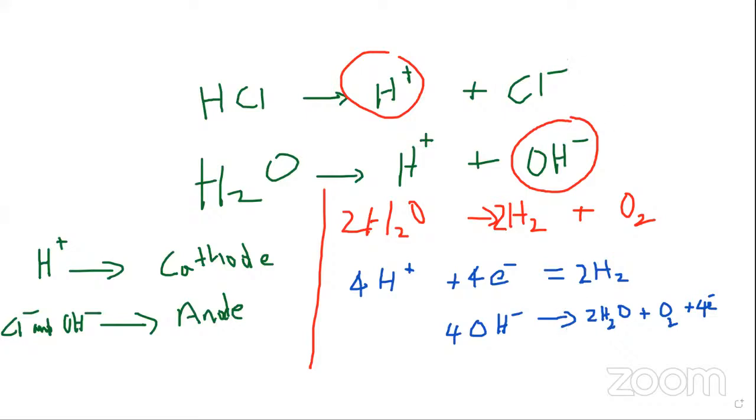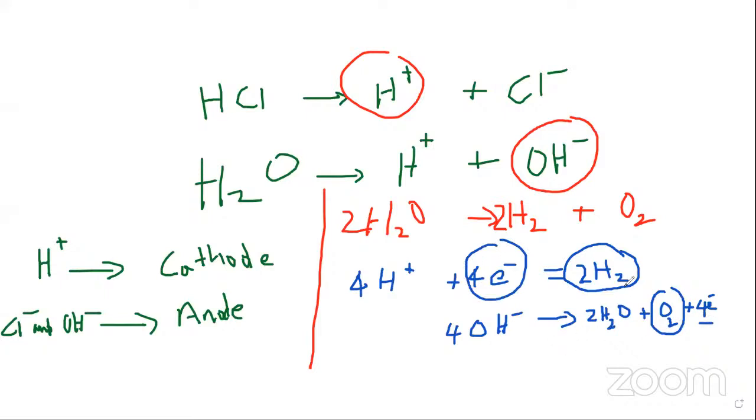So if we look at this carefully, every time 4 moles of electrons flow through the circuit, we get 2 moles of hydrogen, but only 1 mole of oxygen. So we're producing 2 moles of hydrogen to 1 mole of oxygen every time 4 moles of electrons flow through the circuit.